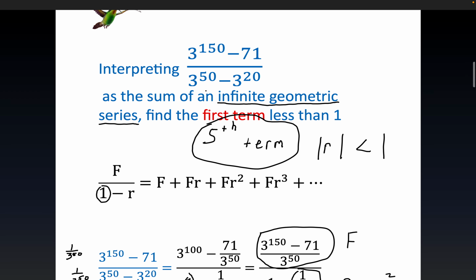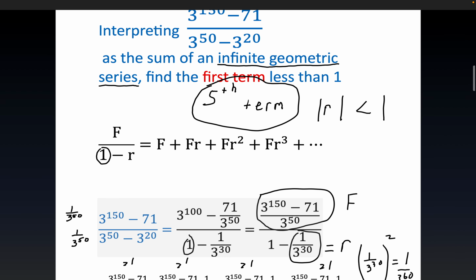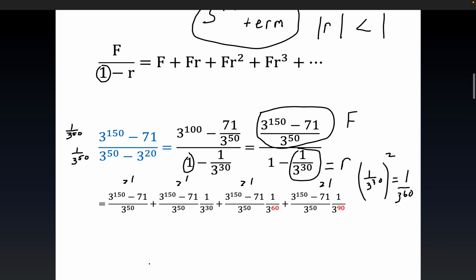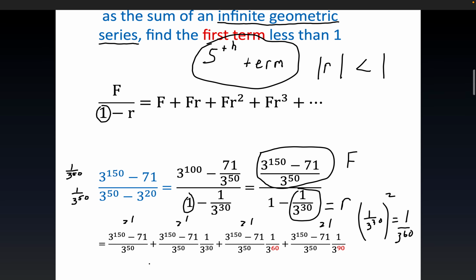If you focus on this term becoming a 1, it all works out. And it's useful at this stage right here to write this as a single fraction, although you could leave it like this, and it's a little clunky to carry it around that way. But we get our first term, we have a very conspicuous common ratio, and then it's easy to construct the infinite series and determine which of the terms meets the conditions of the problem.